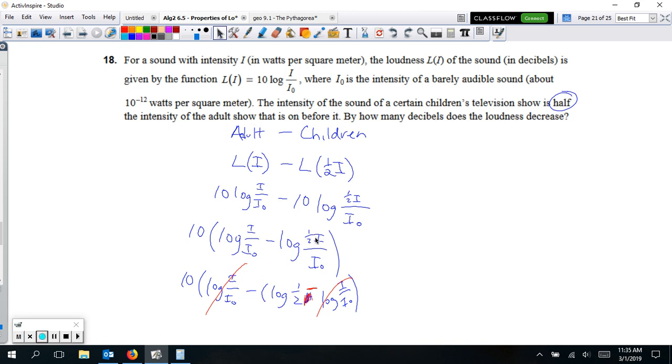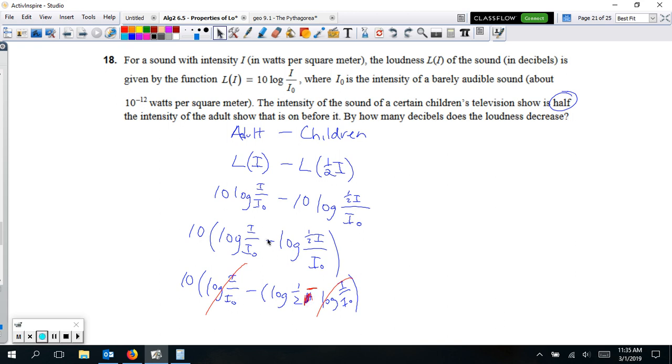So we can use the product property here, expanding this out with 1/2 and I, so log of the half right there, and then log of I over I of 0. The product property is a plus, and you see I did put a plus here, but I need to cross that out.